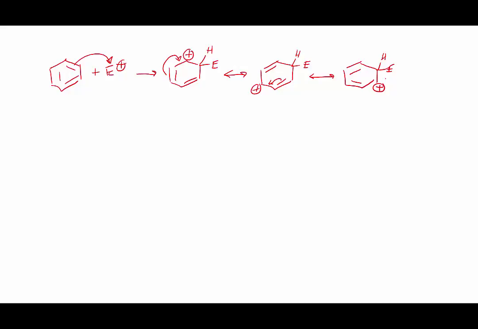So what this molecule decides to do is, it says, if I lose that H plus, I can reform my aromatic ring, and what I've now done is substituted the electrophile for a hydrogen, which gives us electrophilic aromatic substitution. The reason that happens is because now I can form the more stable product, reforming my benzene ring.